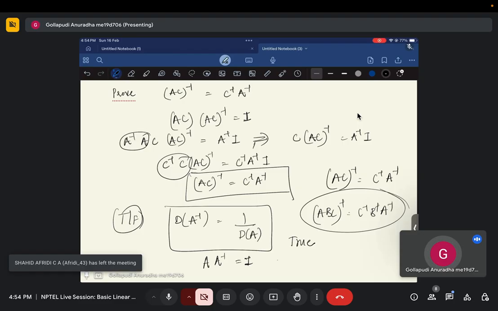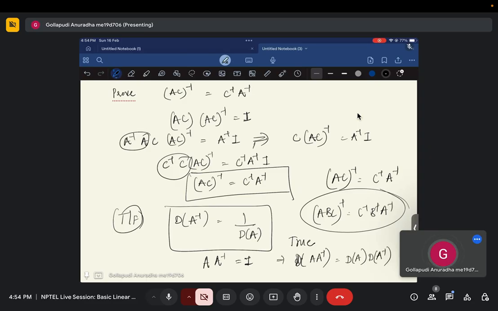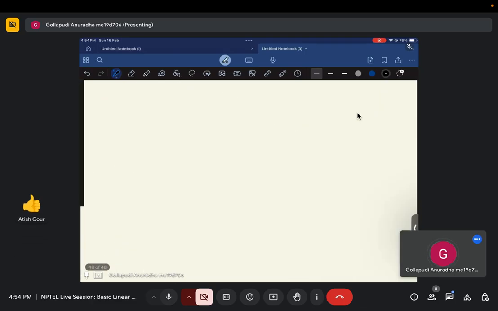So here I can say the determinant of A times the determinant of A inverse equals the determinant of the identity matrix, which equals 1. So the determinant of A inverse will be equal to 1 by the determinant of A. That's true.